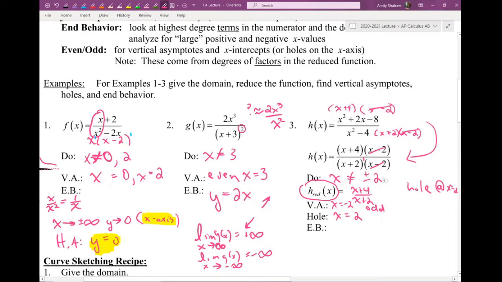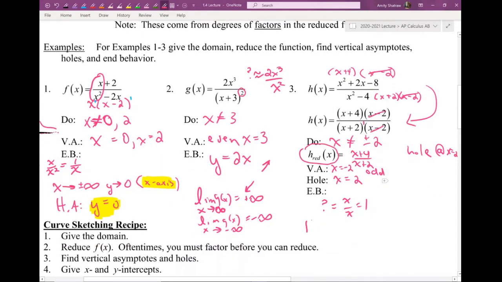The end behavior then, I want to say, because it's odd, I know that it's going to go up in one direction and negative in the other direction, and I just have to figure out what that looks like, right? So I'm going to do my shady math, and I'm going to say that something, just something in general, looks like this. Ready? X over x, which is equal to 1. So I'm guessing then that I'm going to have end behavior that approaches a particular number, and that means that's a horizontal asymptote. So my horizontal asymptote is going to be at y equals 1.